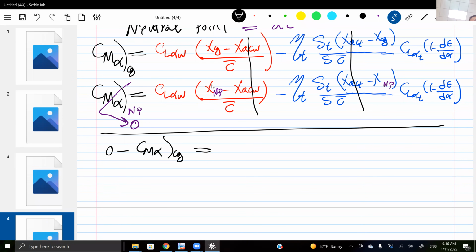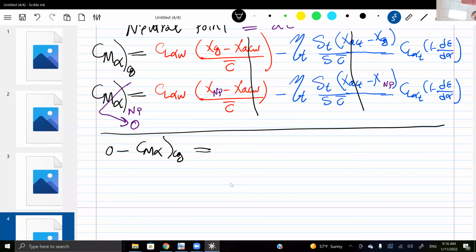And I get here X neutral point minus XCG. And again, here I have something similar, so I get X neutral point minus XCG. But this is negative, negative, so it will be plus.